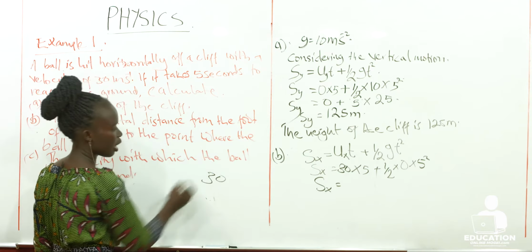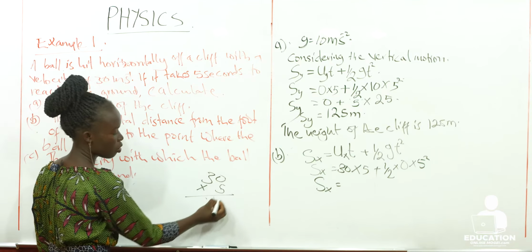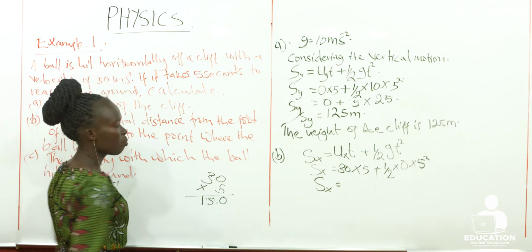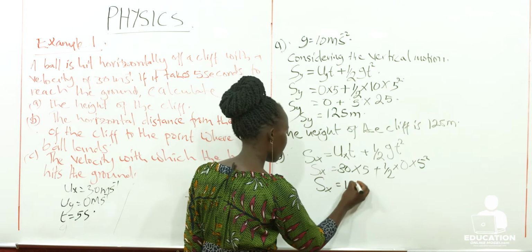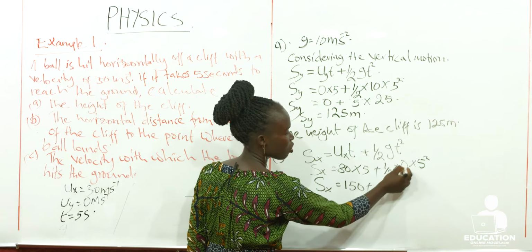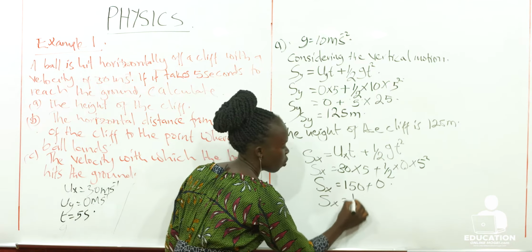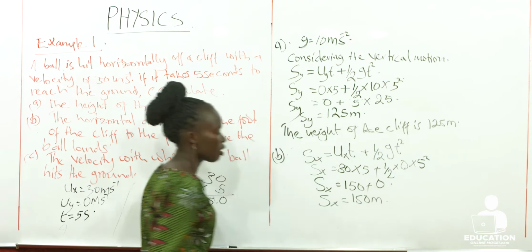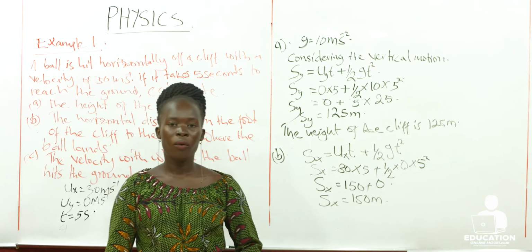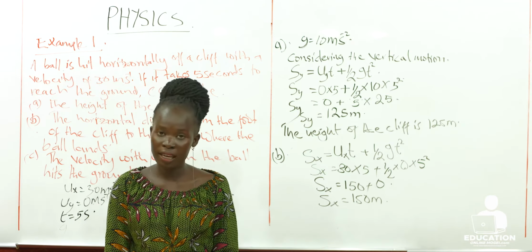So you have your 30 here, you want to multiply it by 5. You will multiply 5 times 0, which will give you 0, 5 times 3, which will give you 15, meaning that 30 times 5 is 150, plus a half times 0 times 5 will give us 0. So our sx is equals to 150 meters. That means that the ball landed at a point 150 meters away from the foot of the cliff.